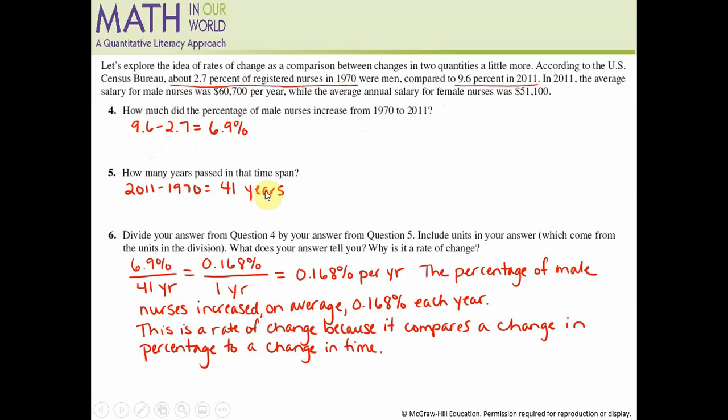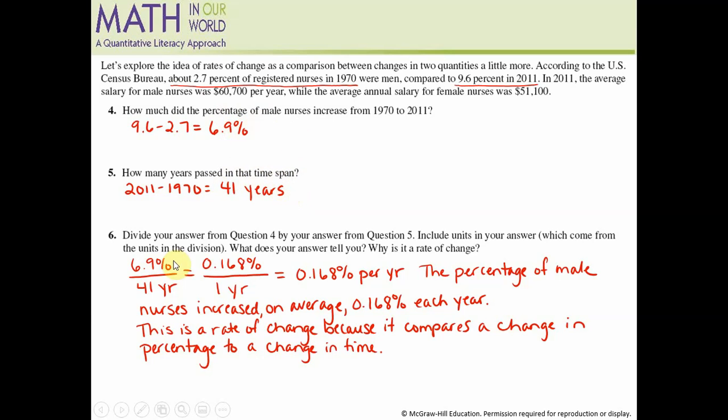Now let's figure out how many years passed during that time. We started at 1970, we went up to 2011. That was 41 years. Now I want to relate these two, even though they are not directly related like feet and yards. I want to say this is going to change each, or per, year. So I want to change this into a unit.